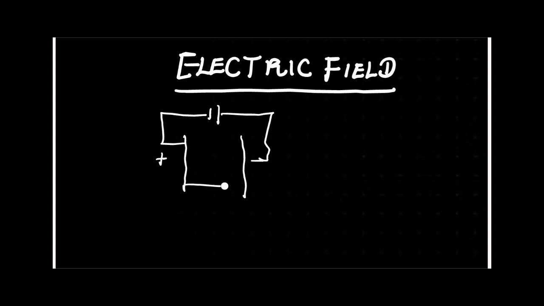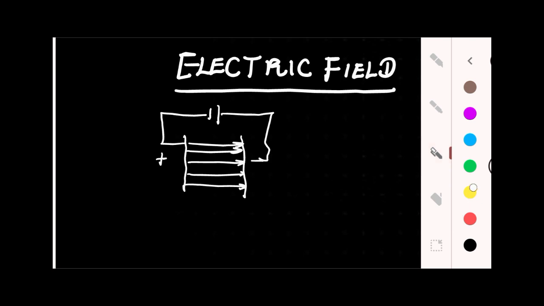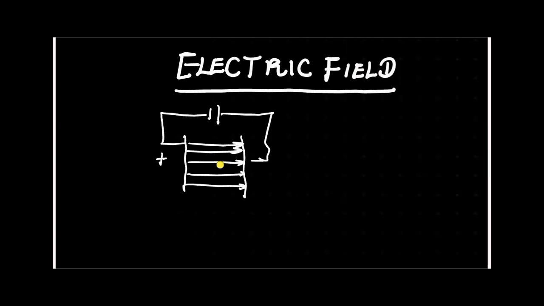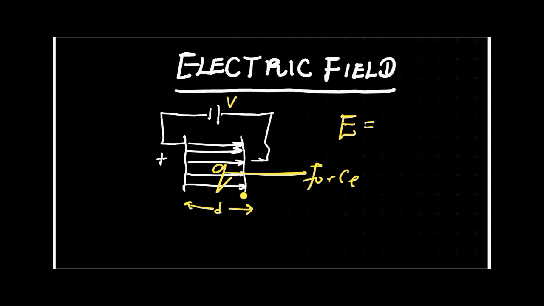The electric field will flow from the positive to the negative, such that whenever I bring a charge Q in this distance, remember there's a distance, this charge will experience a force. Why? Due to the electric field in between the plates. The electric field here is because of the potential difference V, and there is a distance D between the plates. So electric field is equal to V over D.